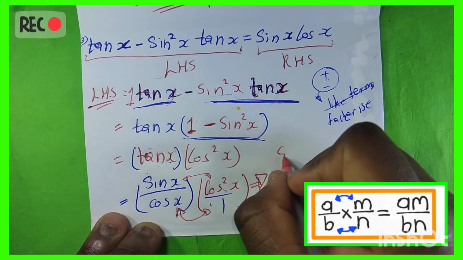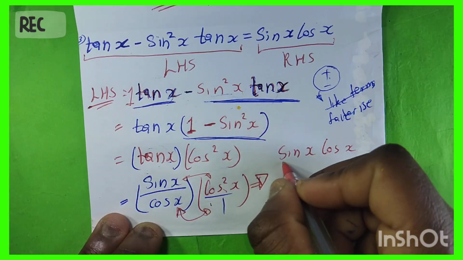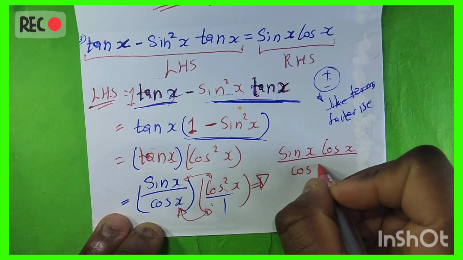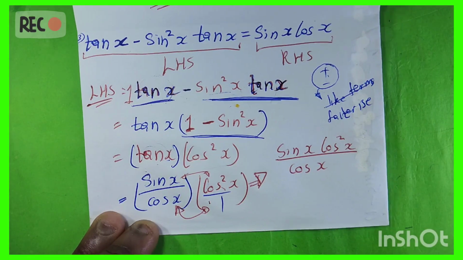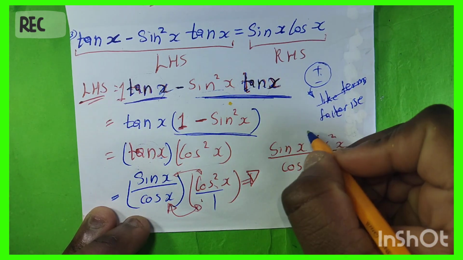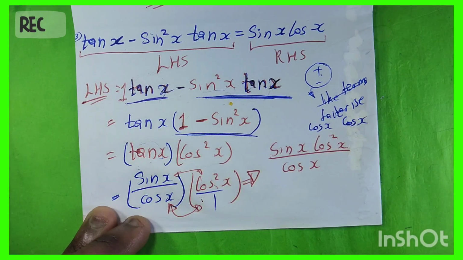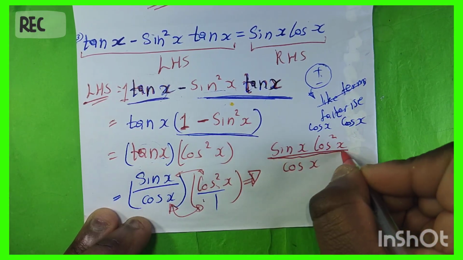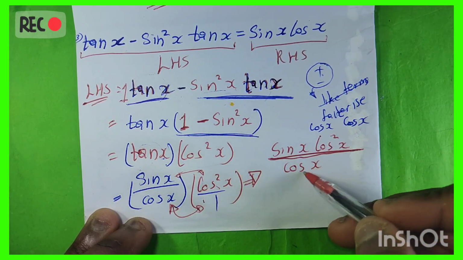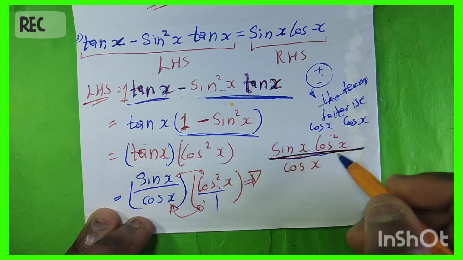So this is what I will get there. This will go and multiply upwards. Then here we got cos x there, then down here we also got cos. So what I need you guys to understand is that upwards we got 2 coses, these 2 cos, and downwards we only got 1 cos, which is this one. And I know that when I divide the same thing, they cancel.